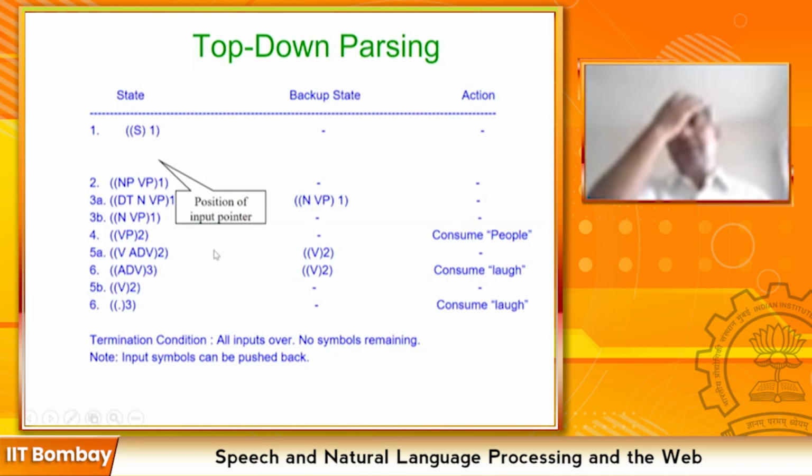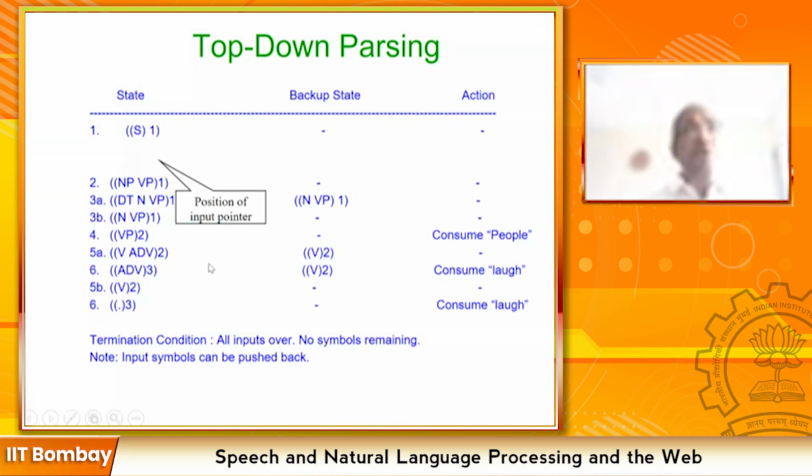The other problem is that it cannot handle left recursion. If NP gets expanded as NP, this will go on getting expanded infinitely, and the parser will never stop. It will go on generating the same non-terminal. So the problems with top-down parsing are inefficiency of rule application and left recursion.